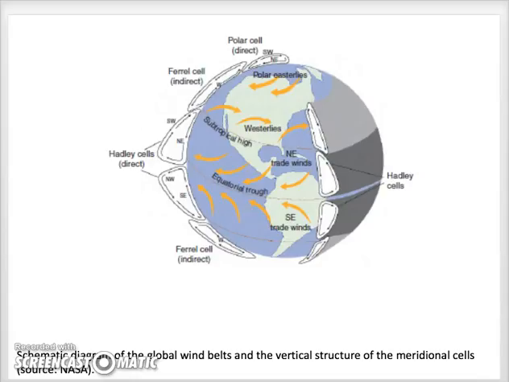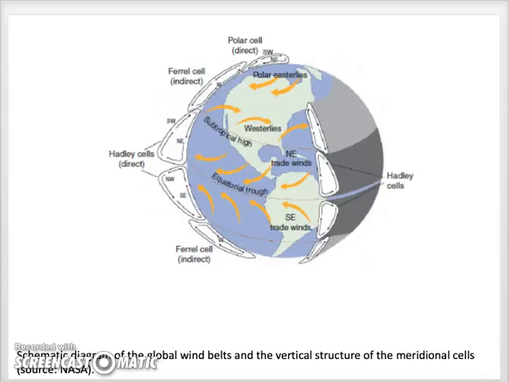The air is heated at the equator and rises, moving northwards and southward aloft in the respective hemispheres.